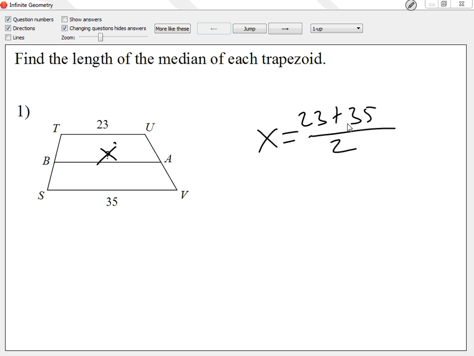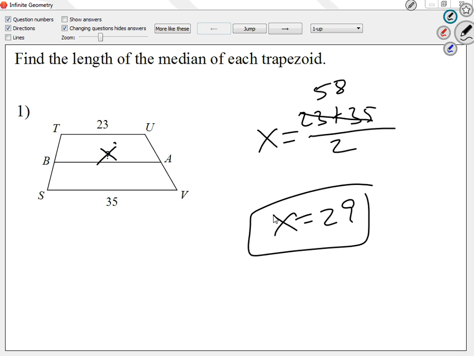My fraction is all numerical, so I can work it out. Right, 23 plus 35, we can simplify that to 58. You can simplify the top of a fraction. And then the fraction 58 over 2, what's 58 divided by 2? 29, yes. So X equals 29.